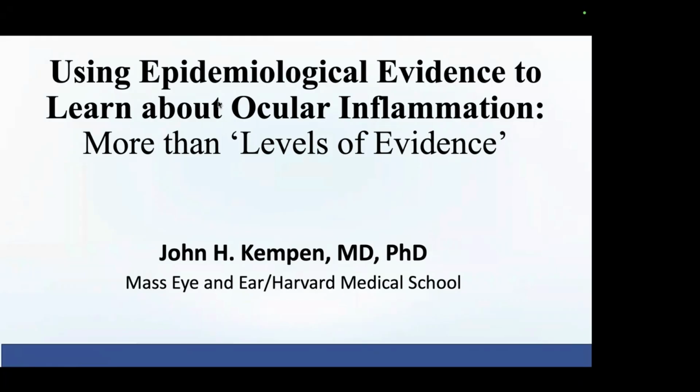I'm going to be talking about using epidemiological evidence to learn about ocular inflammation. First, talking about one of the issues that I think is misunderstood, and then giving several examples.